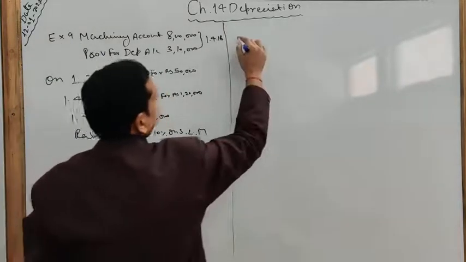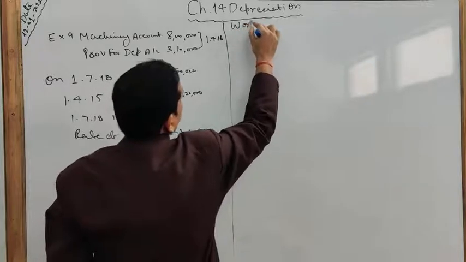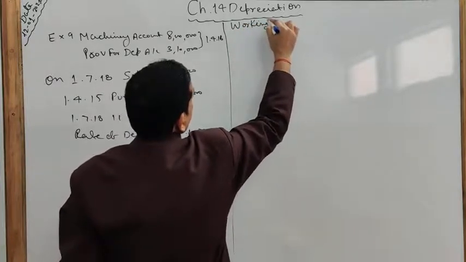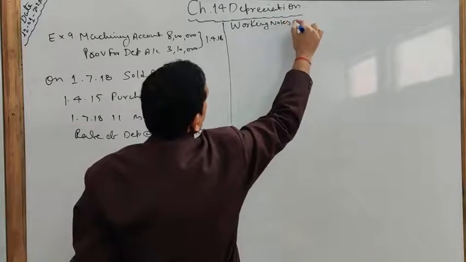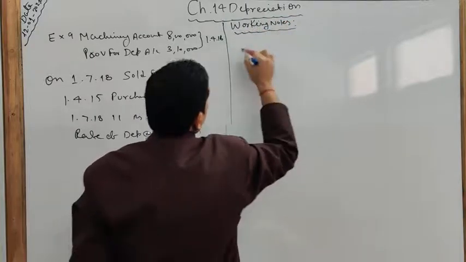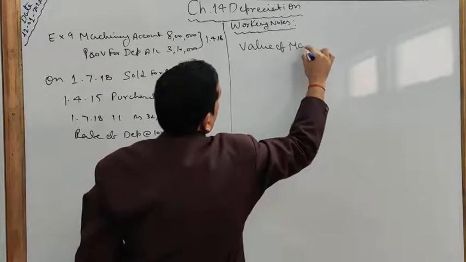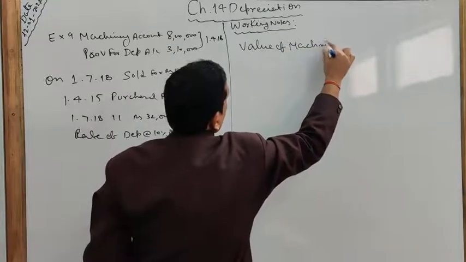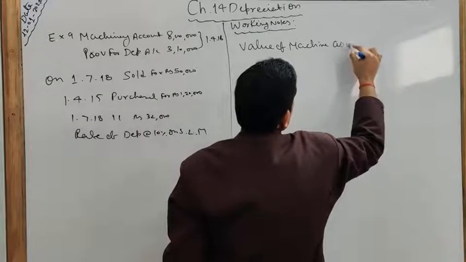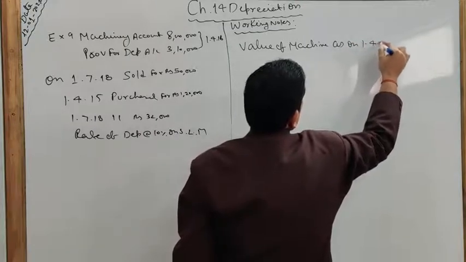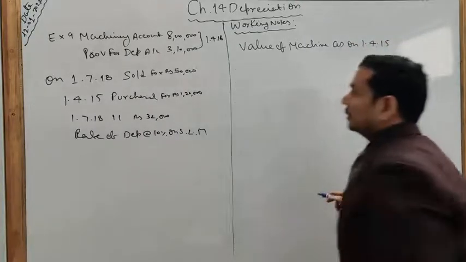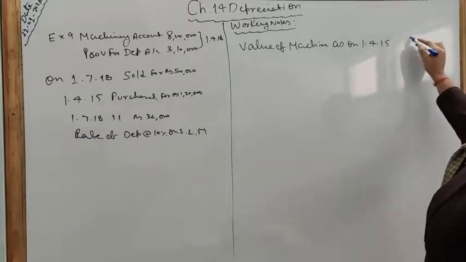See, on the top you will write working notes. Now value of machine as on 1/4/15 is 1,20,000.